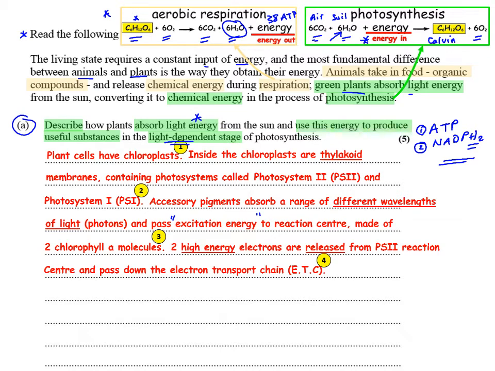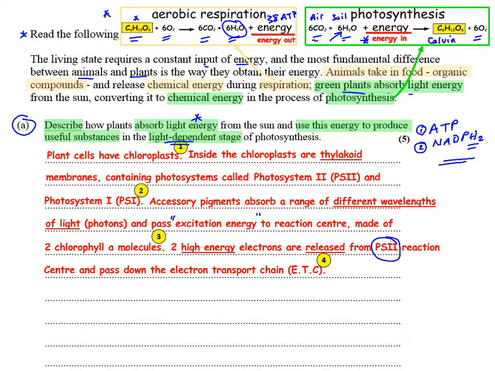Now we know that 2 high energy electrons get released from the reaction center of PS2, and they pass down the electron transport chain that connects PS2 on the left and PS1 on the right, and this occurs within the thylakoid membrane. So the excitation energy being passed down to chlorophyll A in the reaction center energizes 2 electrons, which get released from the reaction center and therefore from photosystem 2.